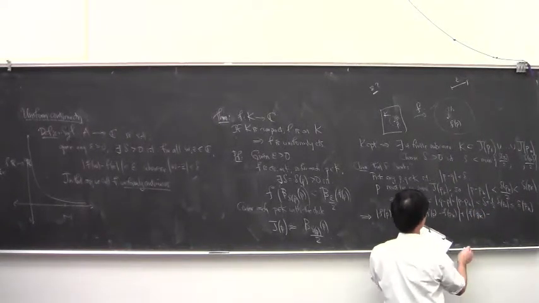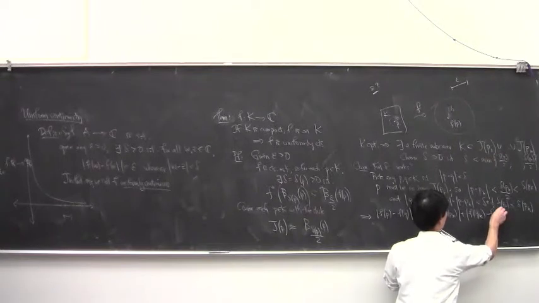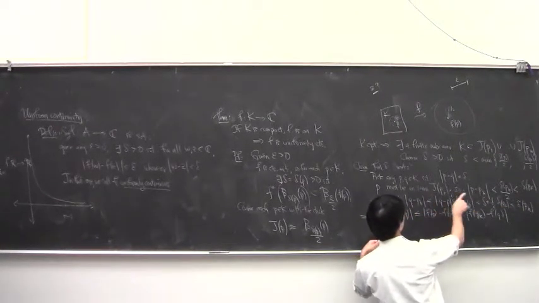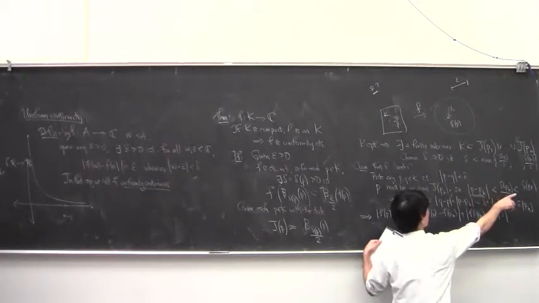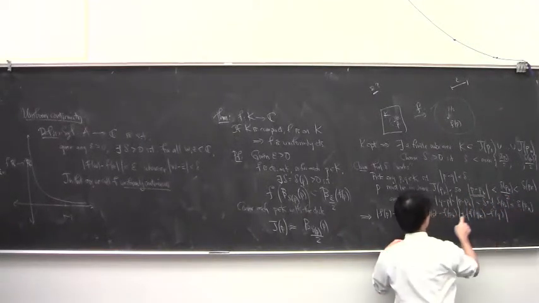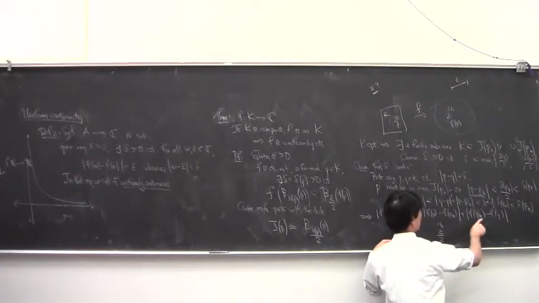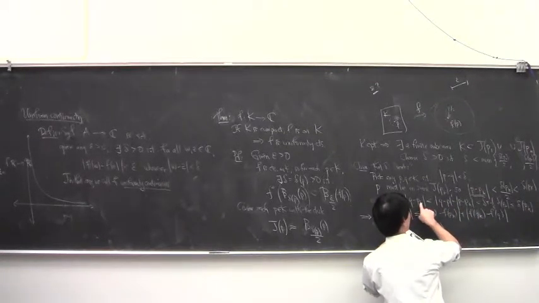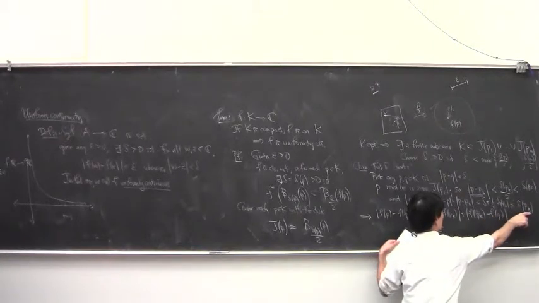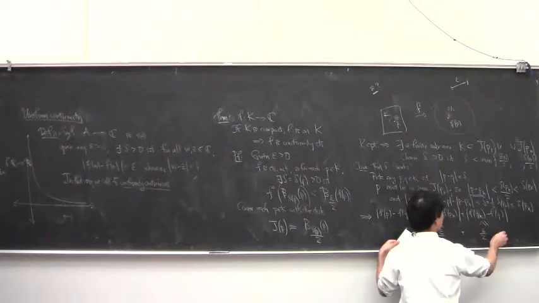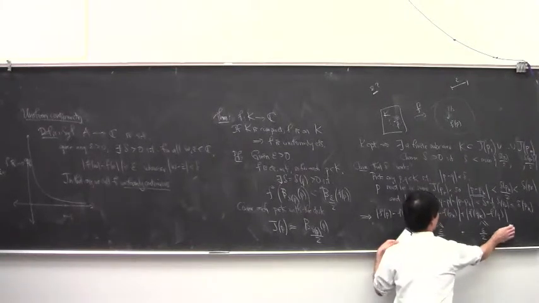But the distance of p to pk is less than delta pk, so that means that this thing is less than epsilon over 2. The distance of q to pk is less than delta pk, so that means that this thing is less than epsilon over 2. So the whole thing is less than epsilon.